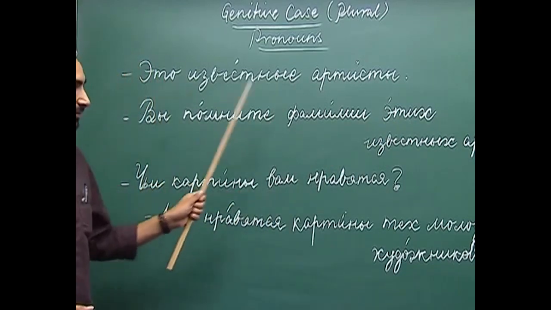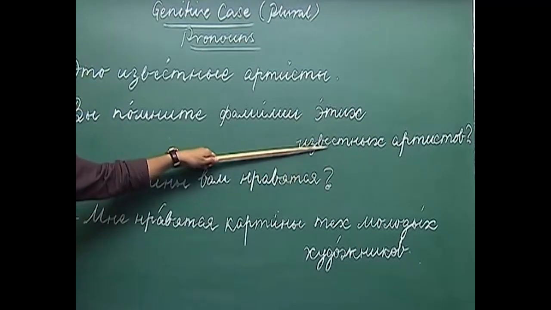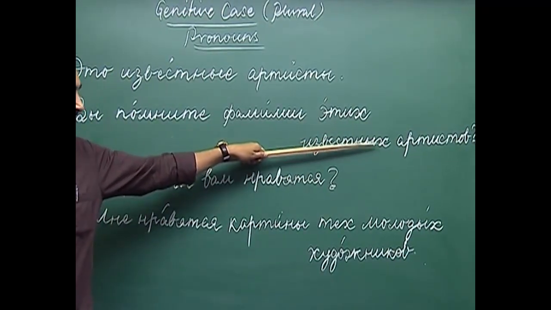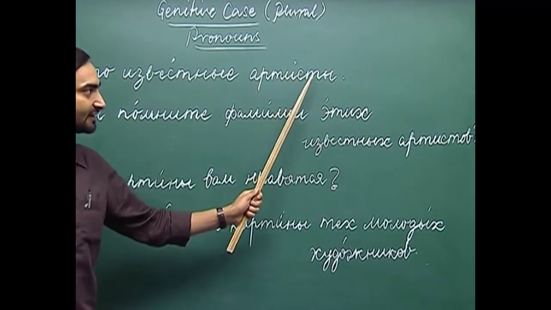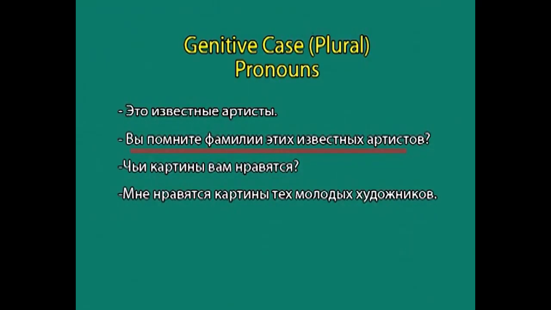Вы помните фамилии этих известных артистов? Известные becomes известных, артисты, артистов. So, эти changes to этих.